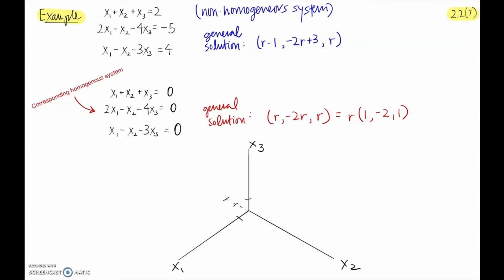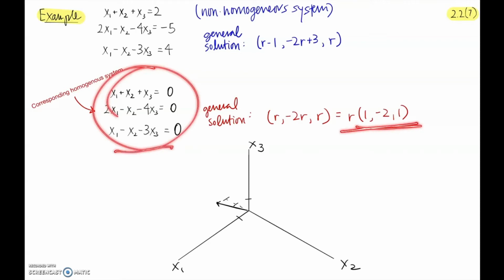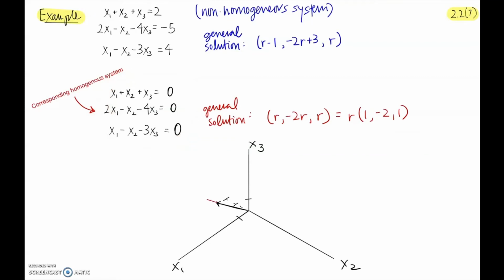So there's some vector 1, negative 2, and then up 1 that looks like this. And all of the scalar multiples of that vector are a solution to this system. That's what this means. And so that forms a line. It goes off infinitely this way and infinitely that way. It should be a straight line.